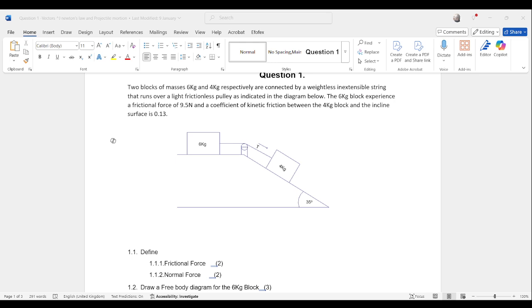Newton's first law, called inertia, Newton's second law that talks about mass and acceleration, as well as Newton's third law, which talks about action and reaction.